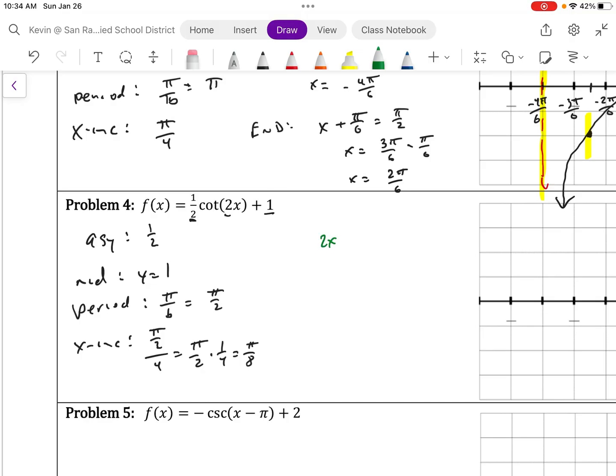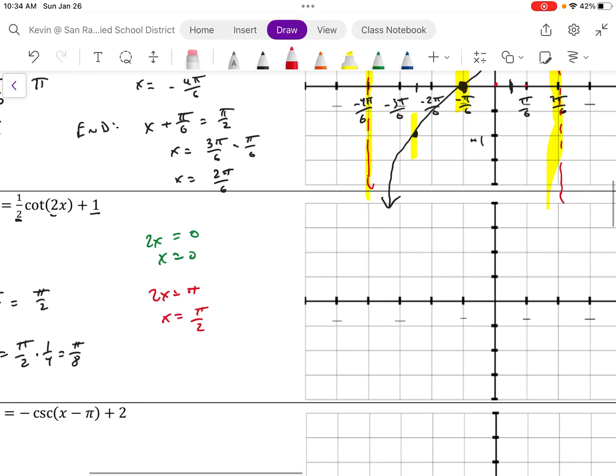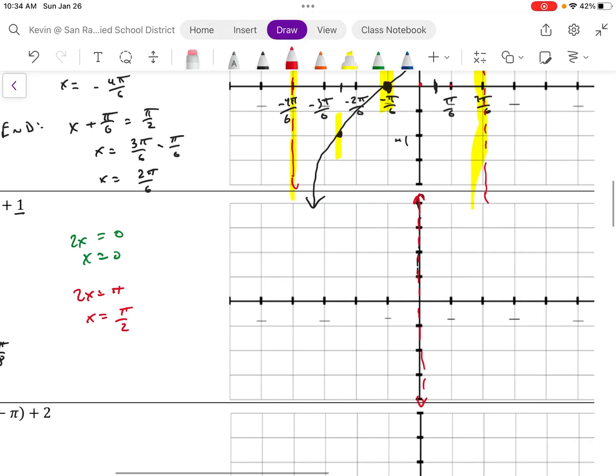Okay, our first asymptote, 2x equals 0, because again, it goes from 0 to pi over 2. So x equals 0, and then our ending asymptote is 2x equals pi, so x equals pi over 2. All right, so let's draw in those asymptotes. Here, I'm going to do it in red so you can actually see it.